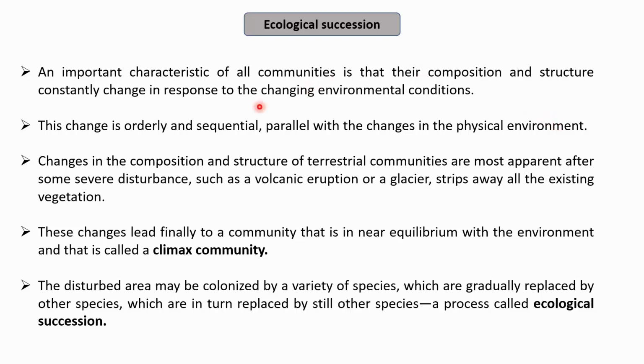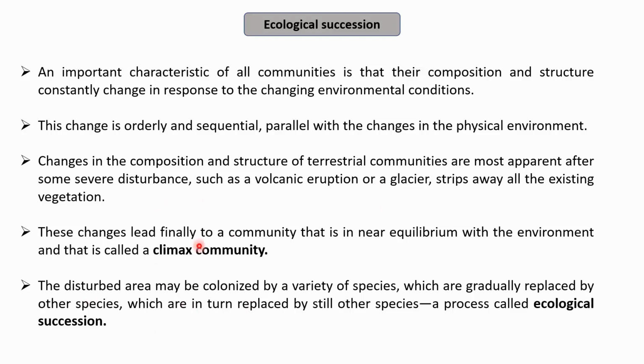The changes in the composition and structure of terrestrial communities are most apparent after some severe disturbances, for example, if there is a volcanic eruption or a glacier strips away all the existing vegetation. These changes lead finally to a community that is in near equilibrium with the environment, called a climax community.